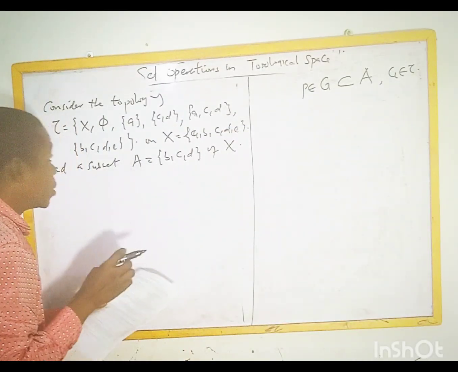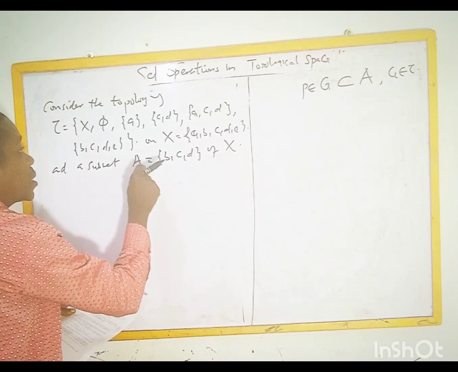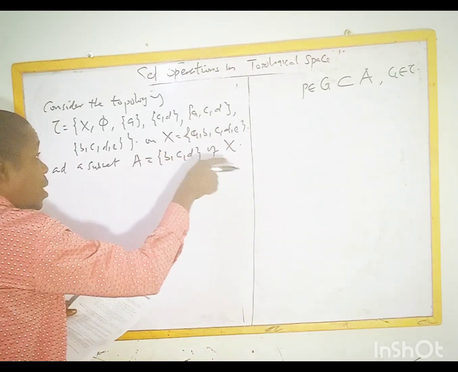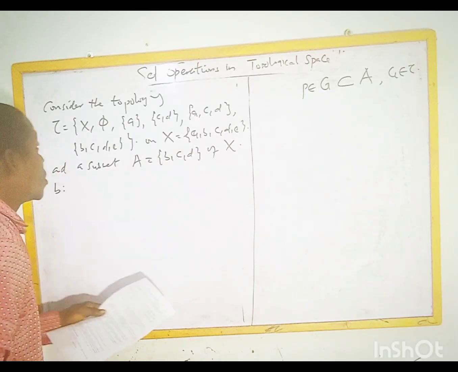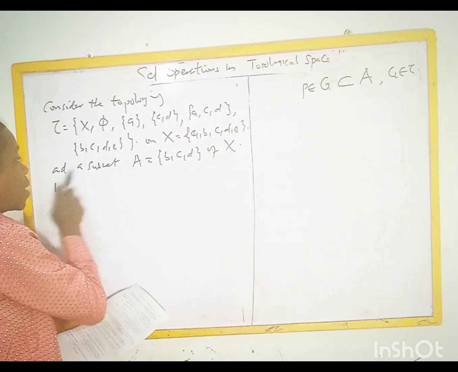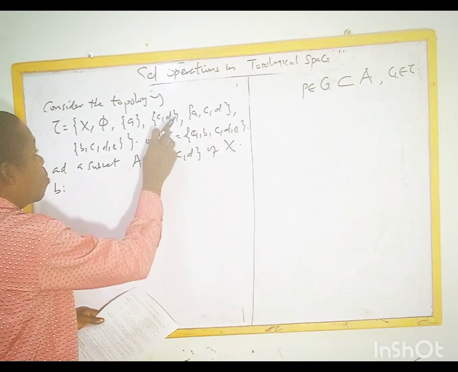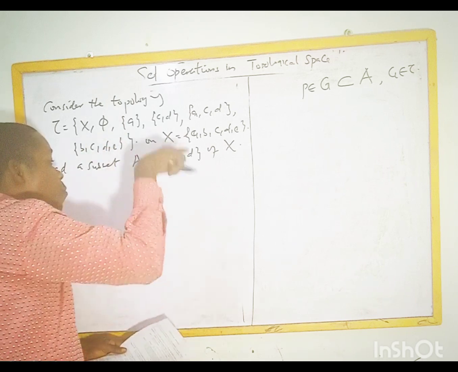If you look at B, what are the open sets that contain B? We want to check whether B is an interior point. Which of those open sets containing B are also a subset of A?